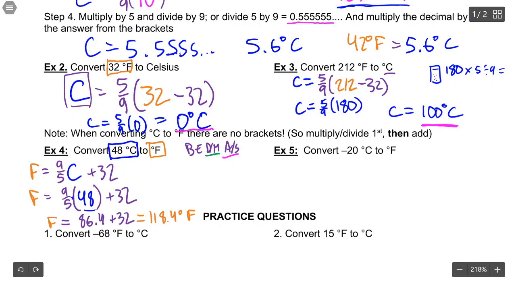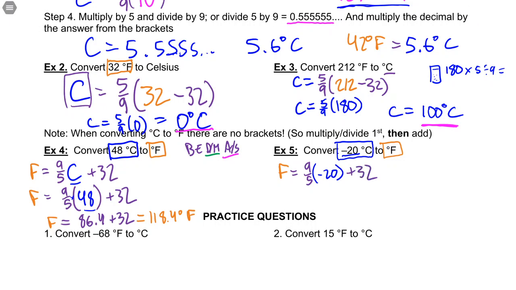Let's do one more. Again, we are converting Celsius to Fahrenheit, so we want the formula that is solved for Fahrenheit. In this case, I'm just going to go right into my substitution step. My C value I'm going to replace with my negative 20, and then I'm going to do plus 32 on the end.